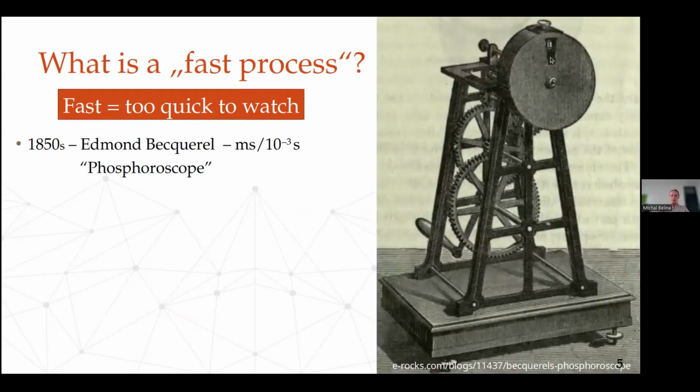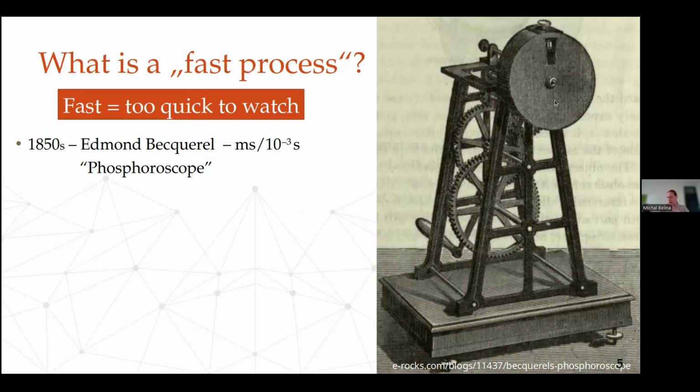The first device that was able to beat the naked human eye in this time resolution was the phosphoroscope, invented 200 years ago, and it worked just by rotating this clutch. You can rotate some slits here in this chamber, and you can reveal whether some solids show phosphorescence or not.